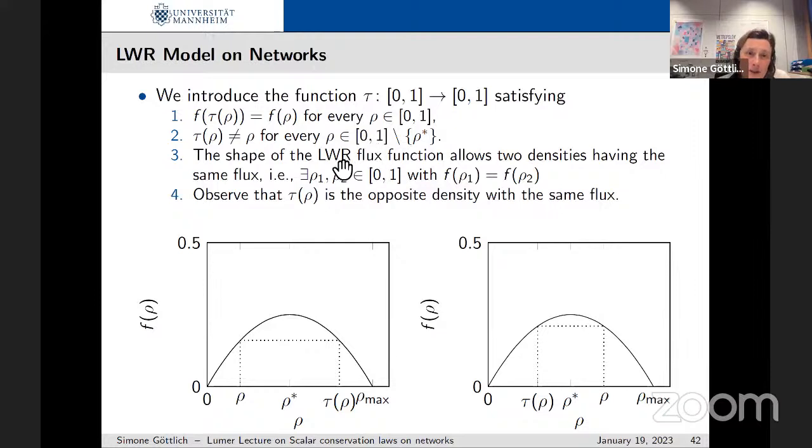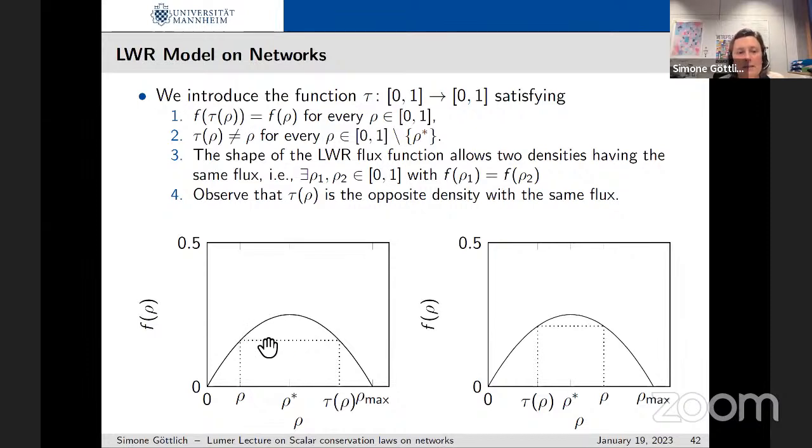The shape of the LWR flux function allows two densities having the same flux. Let's go into the picture here. We see that if we have a flux, we have here this rho and we have this tau of rho.